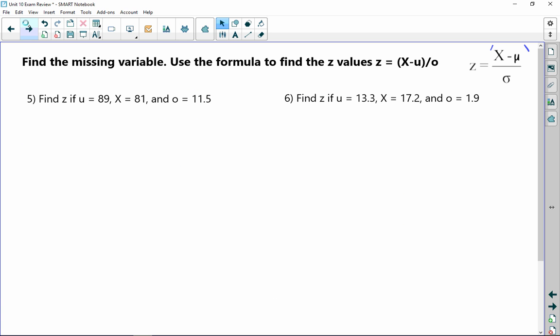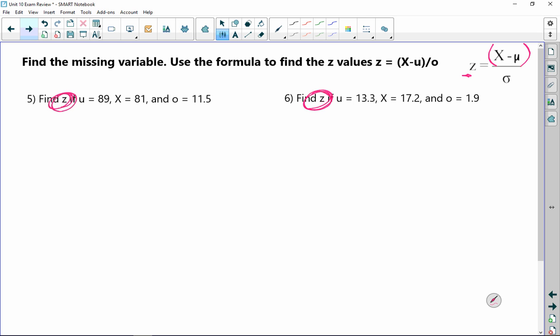Okay. Let's look at these real quick. These should be pretty easy. I know some of you will want to use your calculator, and that's fine. Here's the problem that you run into. It's okay if you're looking for Z, which is already isolated, by itself. If you want to use your calculator, you have to make sure that you put parentheses around the top part.